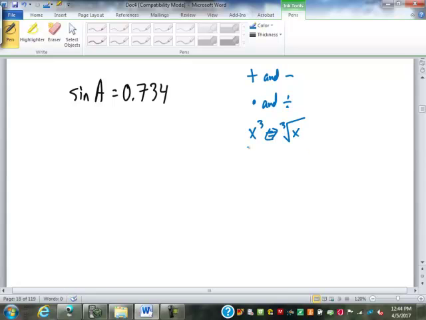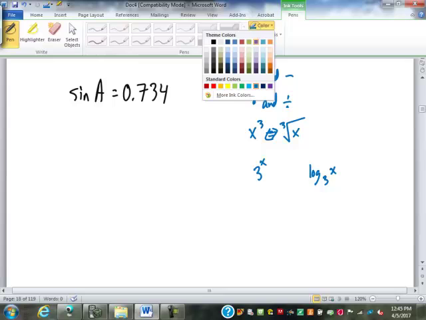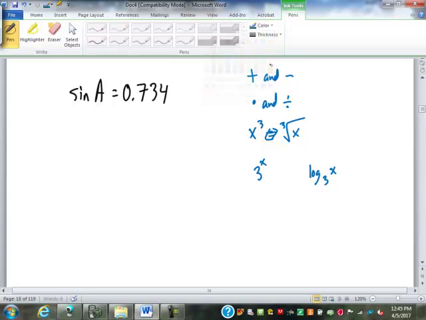They undo each other. And we even did a few weeks ago logs and exponentials. 3 to the power of x and log base 3 of x undo each other. Well, in our trig functions, we have inverses as well. We have the trig function and its inverse.